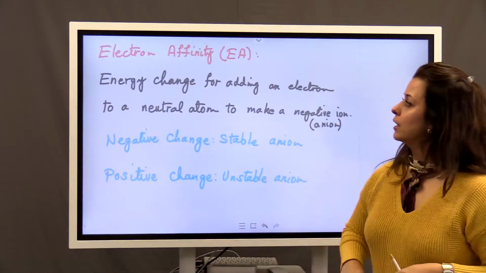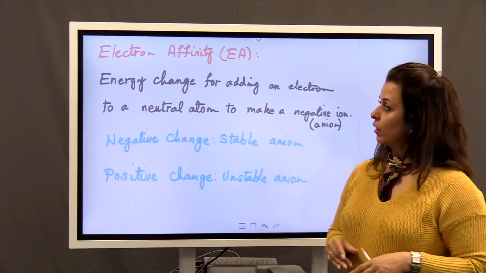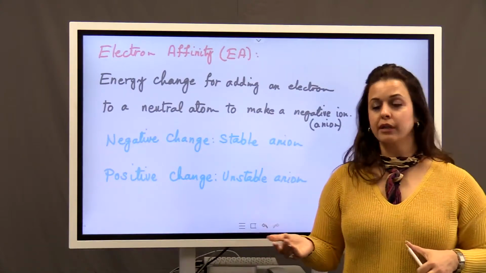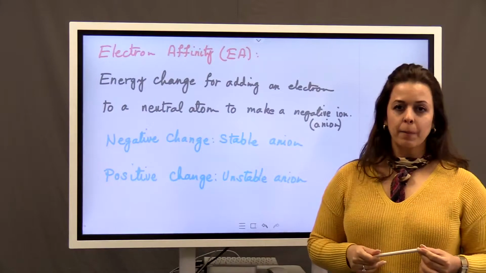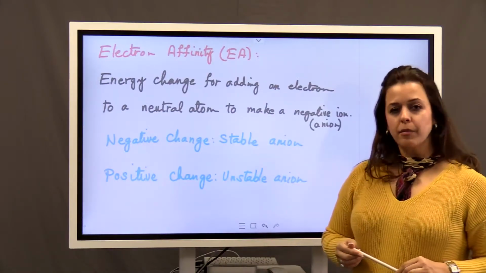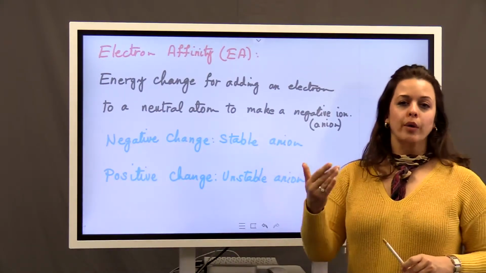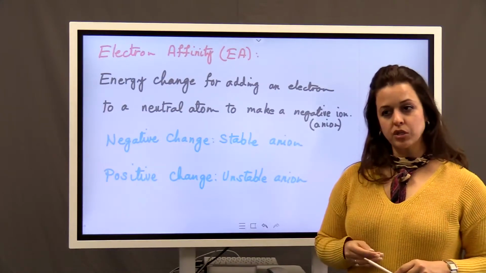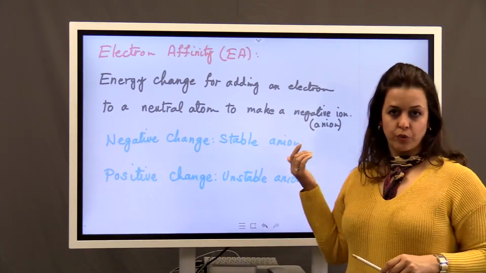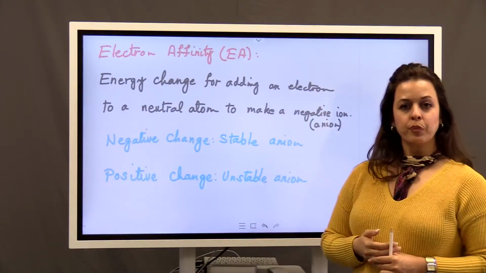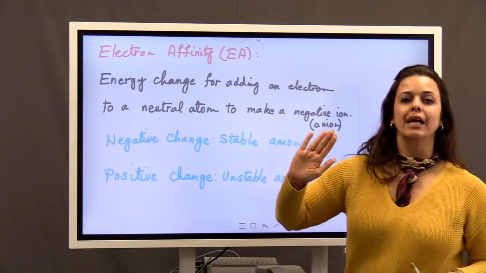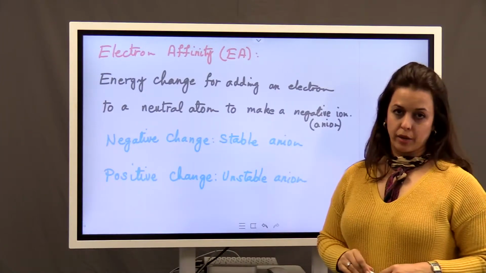The last trend, or periodic property, that we study is called electron affinity. Electron affinity is somehow the opposite of first ionization energy. For ionization energy, you spend energy to remove the electron. For electron affinity, you add an electron and form an anion.